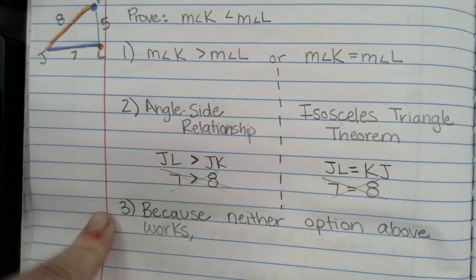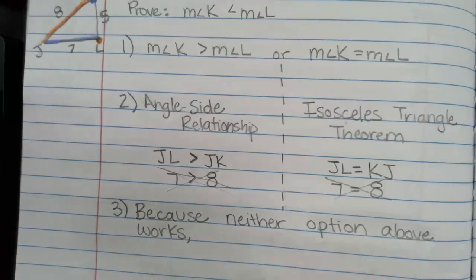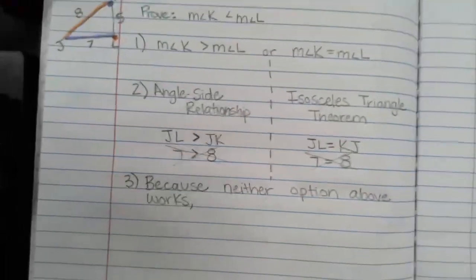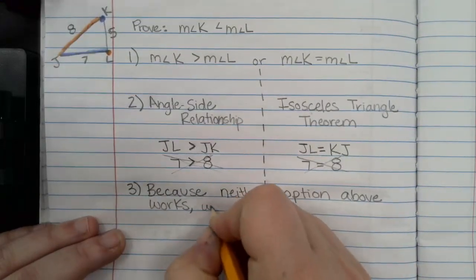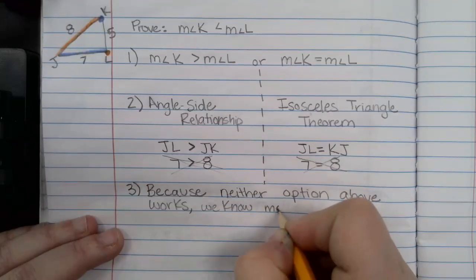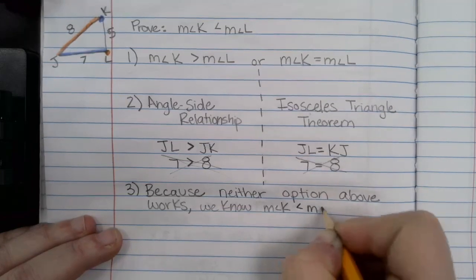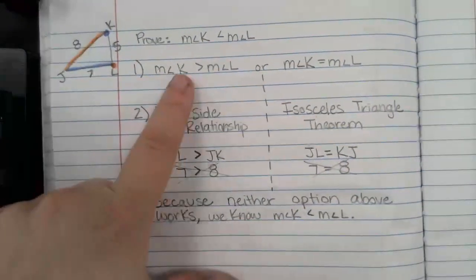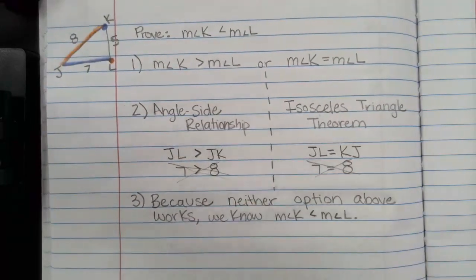There were only 3 options to be had. So if 2 options don't work, the only thing that's left is that third option, which is what we were trying to prove in the first place. So because neither option above works, we know measure of angle K is less than the measure of angle L. It wasn't greater than, it wasn't equal to, so it must be less than.